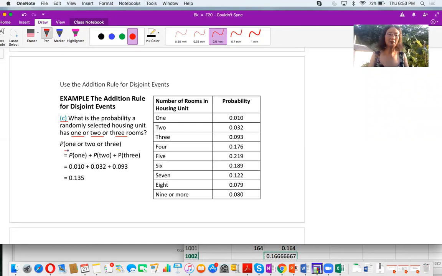So the probability of 1 or 2 or 3 equals the probability of 1 room plus the probability of 2 room plus the probability of 3 room. The probability of 1 room 0.01, 2 room 0.032, 3 room 0.093. You add them together and you get 0.135.